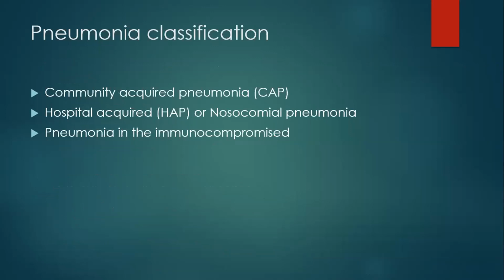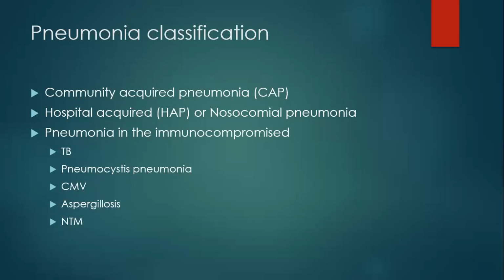So pneumonia classification is basically community-acquired pneumonia, hospital-acquired or nosocomial pneumonia, and then pneumonia in the immune-compromised. I'm not going to spend much time talking about pneumonia in the immune-compromised other than to say that we need to consider unusual organisms. The reason we break pneumonia down into these 3 different groups is because you want to get your empiric antibiotic choice correct up front as early as possible, so as to not result in increased mortality.